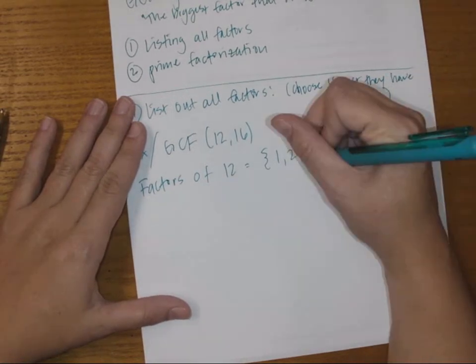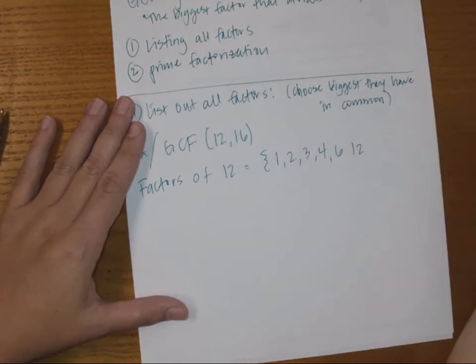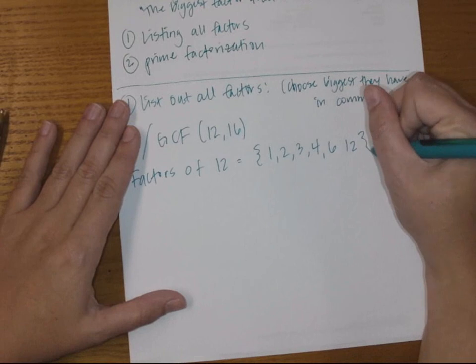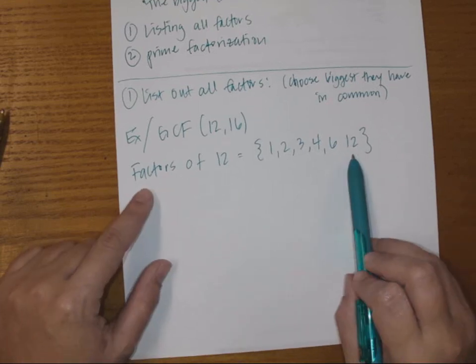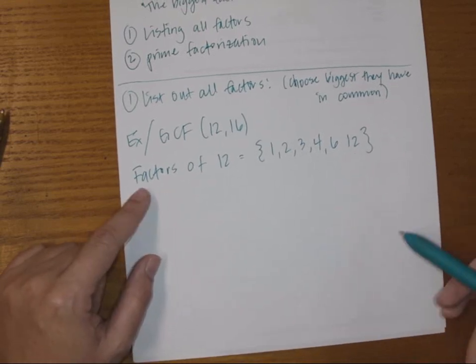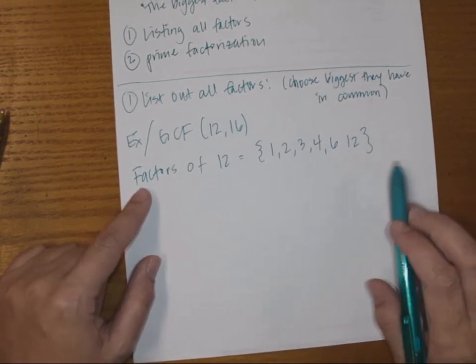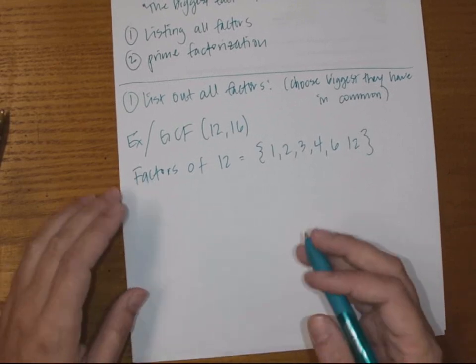And then what else? 3 times 4. So these are all the factors of 12: 1, 2, 3, 4, 6, and 12. Those are all the numbers that divide into 12.